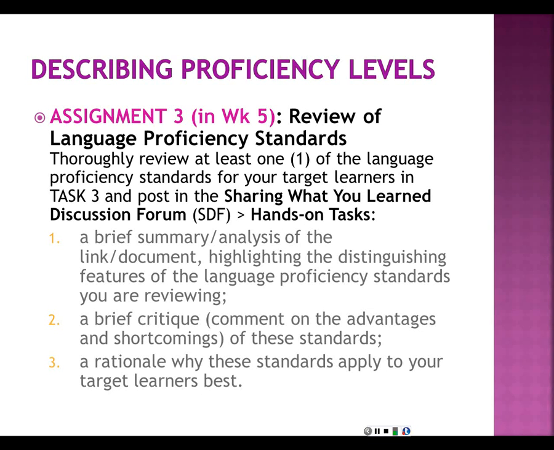A brief critique, in other words, a comment on the advantages and shortcomings of these standards in general and maybe in particular for your learners. A rationale why these particular standards apply to your target learners best. And that concludes the mini lecture for this week.